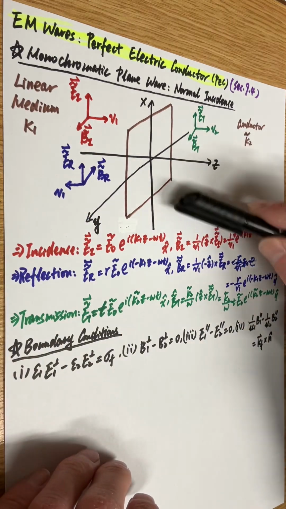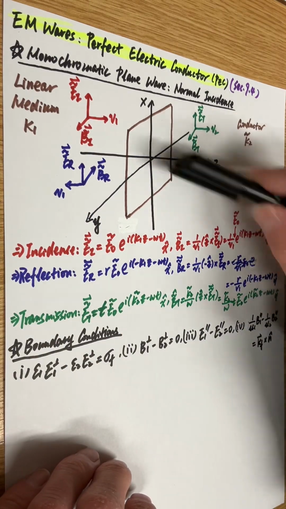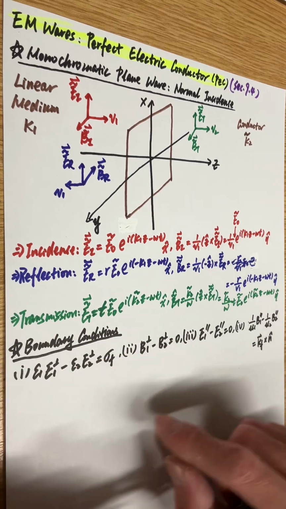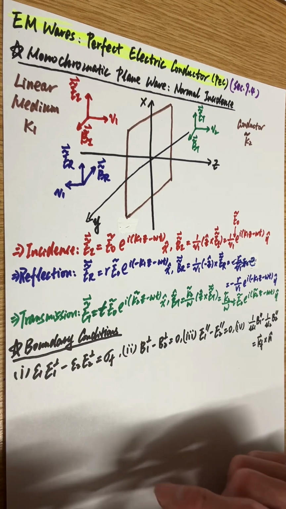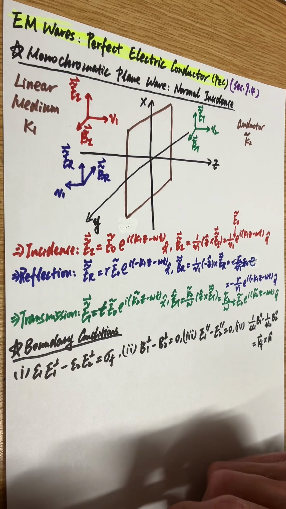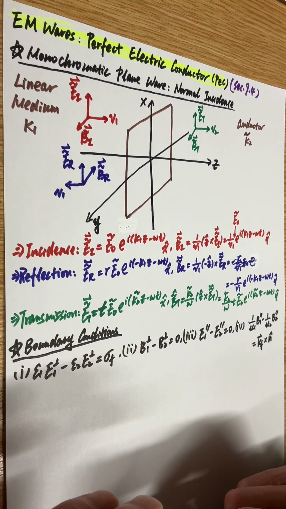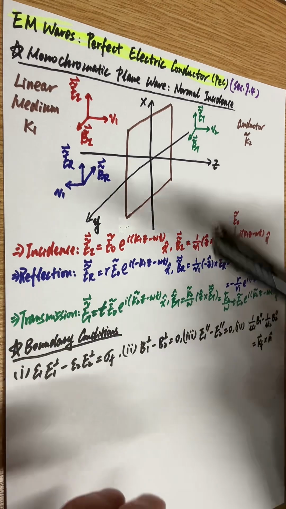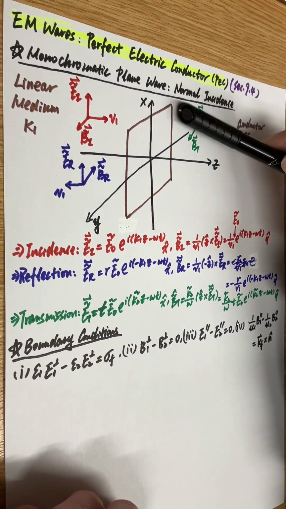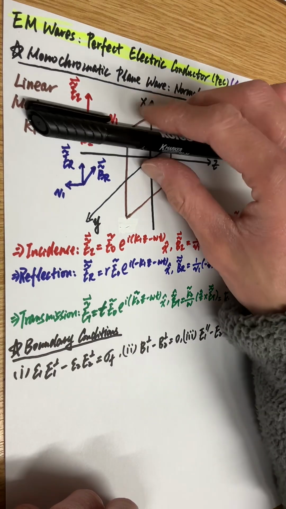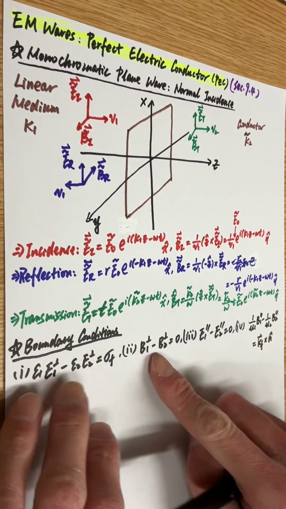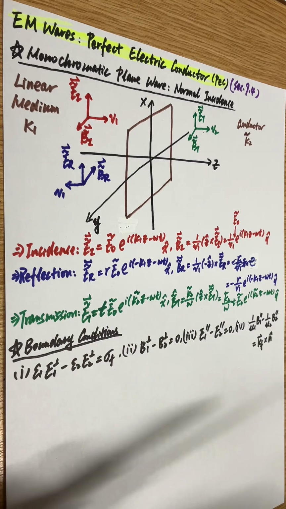They don't have a normal component to the surface. This is also because Maxwell's equations require the wave to be transverse, where the E field and the B field are perpendicular to the direction of propagation. We are investigating normal incidence, so the propagation direction is perpendicular to the surface. Then the fields don't have normal components.